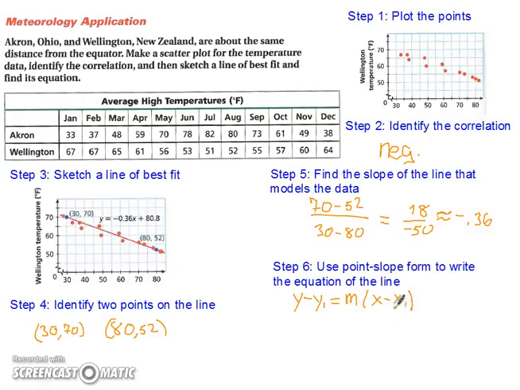So we have y minus 70, because we're just going to pick one of the coordinates that we used. We don't need to use both, equals negative 0.36 times x minus 30. And that's that one.